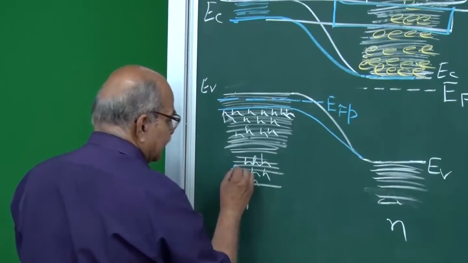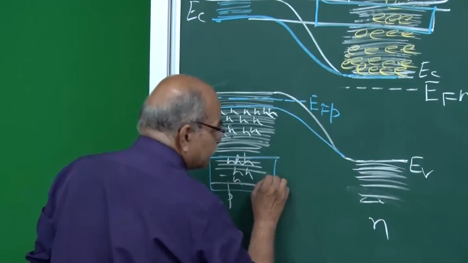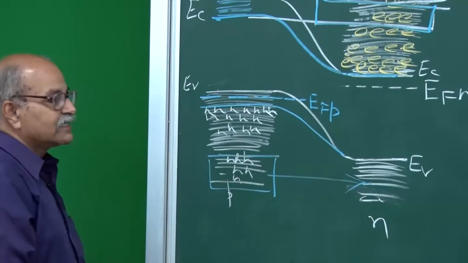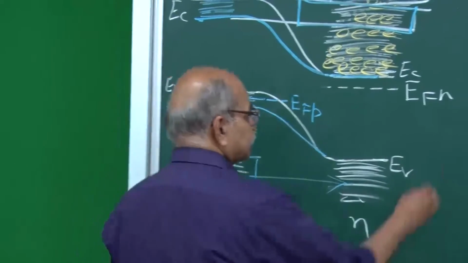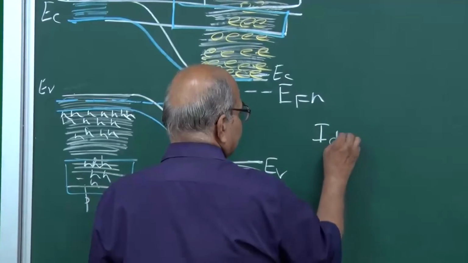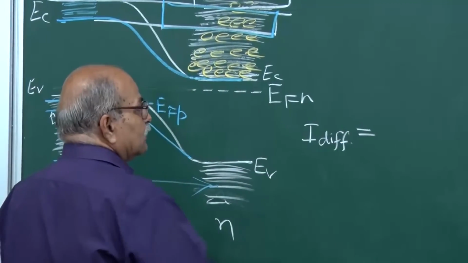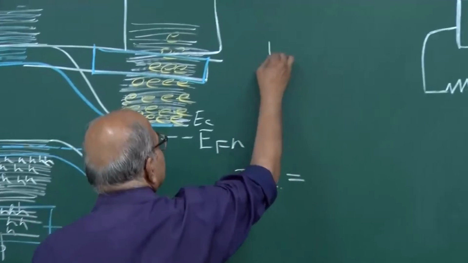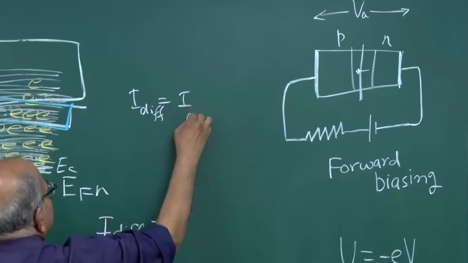So you have extra holes which can diffuse, which will find quantum states here, and therefore the diffusion current, I diffusion, increases. So in the absence of the cell, you had I diffusion equal to I drift.